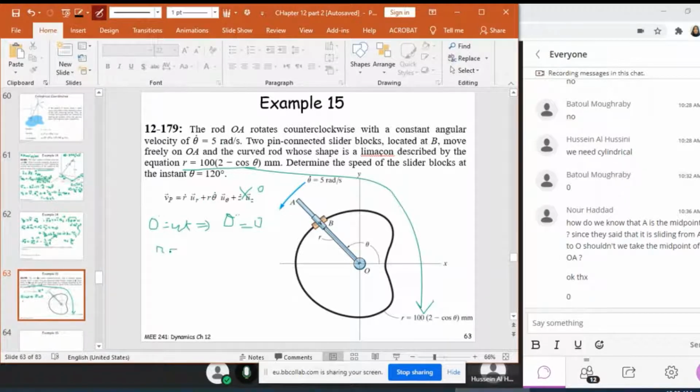So since r is equal to 100(2 minus cosine theta), what will be r dot, guys? r dot will be 100 sine theta theta dot. Do not substitute theta here, guys. Do not substitute theta by 120 and then do the derivation. Theta is a variable, so you should do the derivation before substituting, right? So this is r dot.